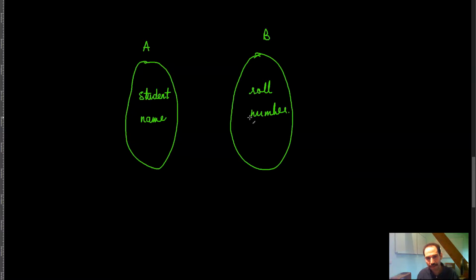And of course, no two different students will be given the same roll number, because otherwise everything will be messed up. So every distinct student from the set A will be given a distinct roll number in the set B, and that can be shown with a function. For example, f from A to B, that takes a student name and gives you a roll number as the roll number of that student, right?